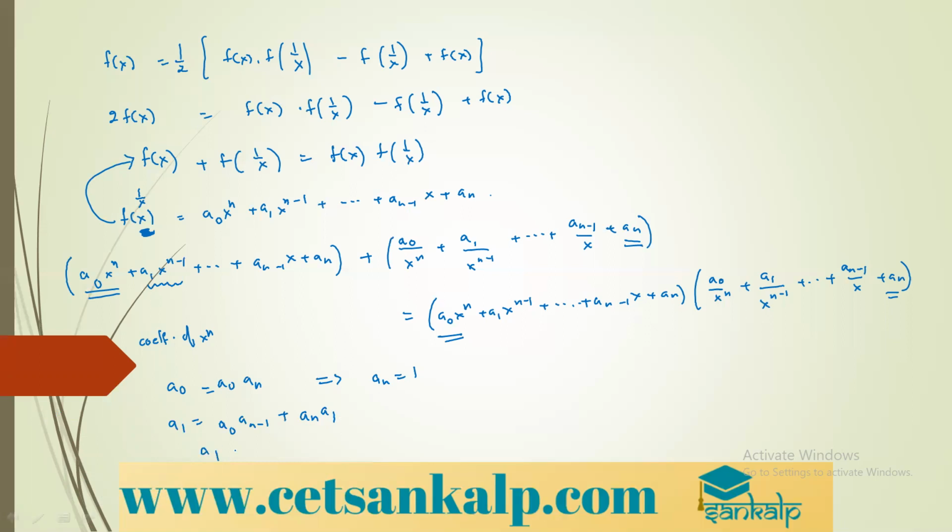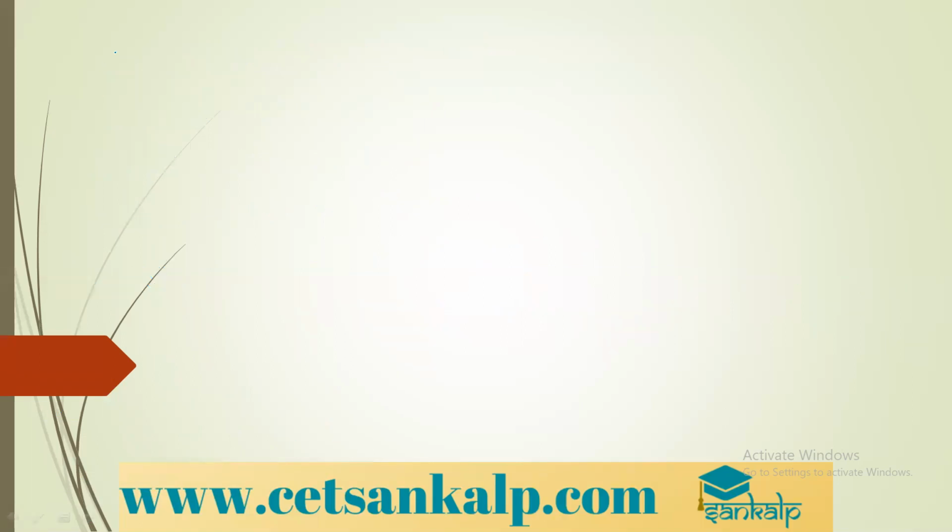So what you'll have? a1 equal to a0, an minus 1 plus a1. a1 will cancel, 0 you will have. So a0, an minus 1 is equal to 0, which implies an minus 1 is 0. Similarly, on comparing coefficients, you will get an minus 2 equal to 0, and so on, a1 equal to 0.